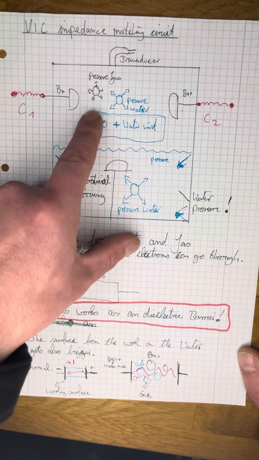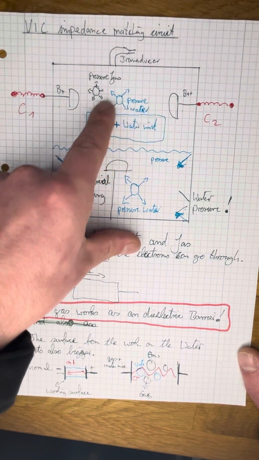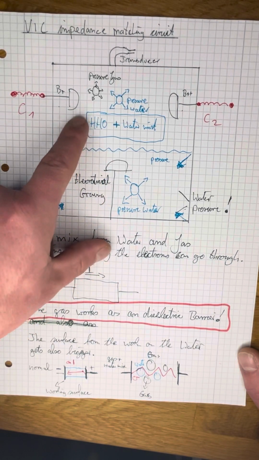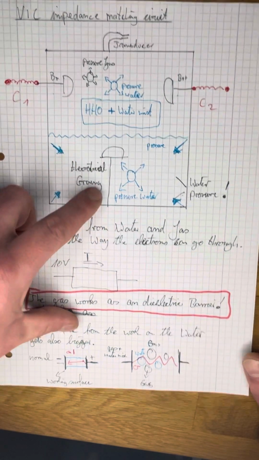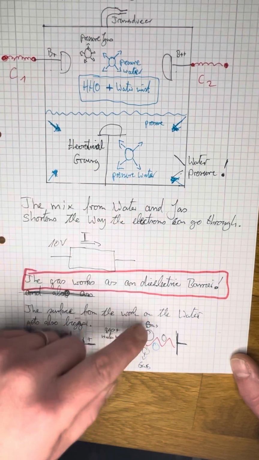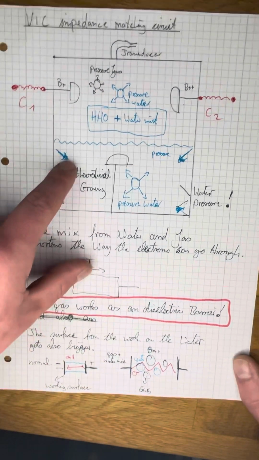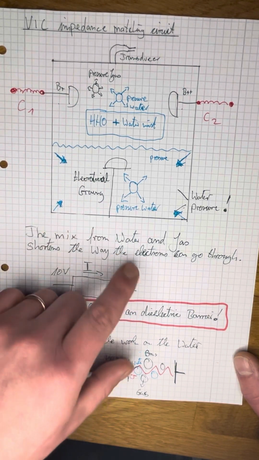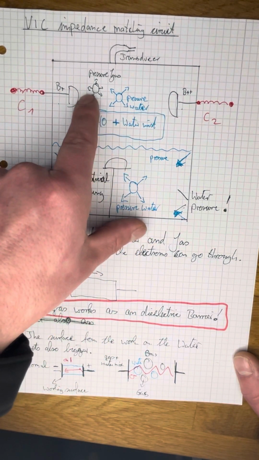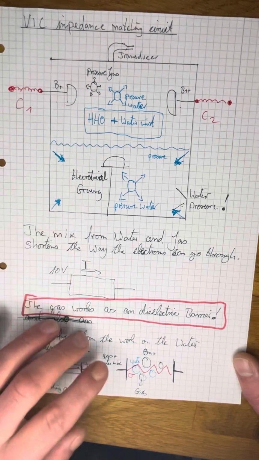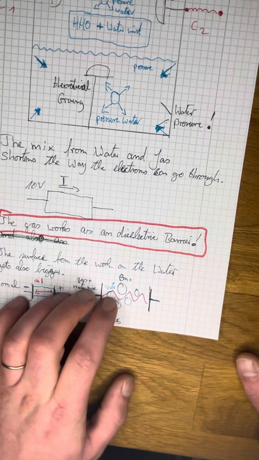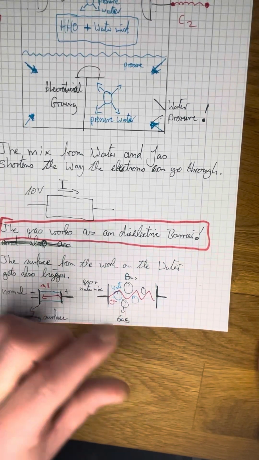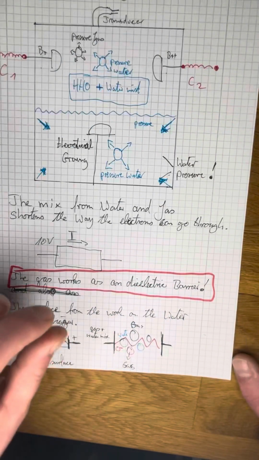Yes, the capacitor between this one and this one, which are both voltage plus against ground, the gas is more of a dielectric barrier than water, so the way the electrons can go is really shortened only between the water, so it's like going a longer way, or a really small path.